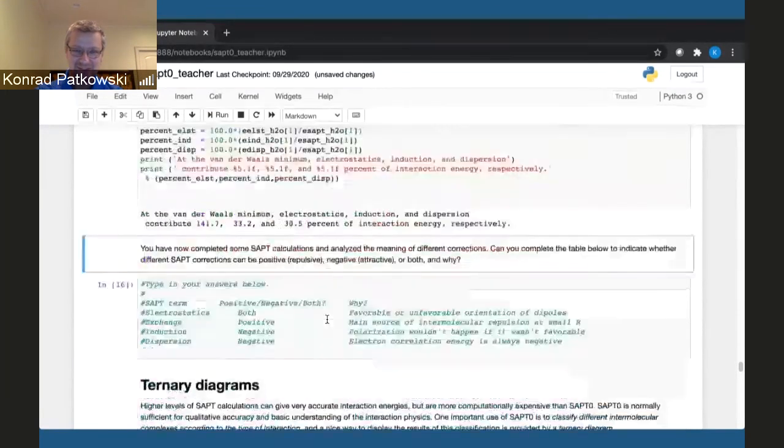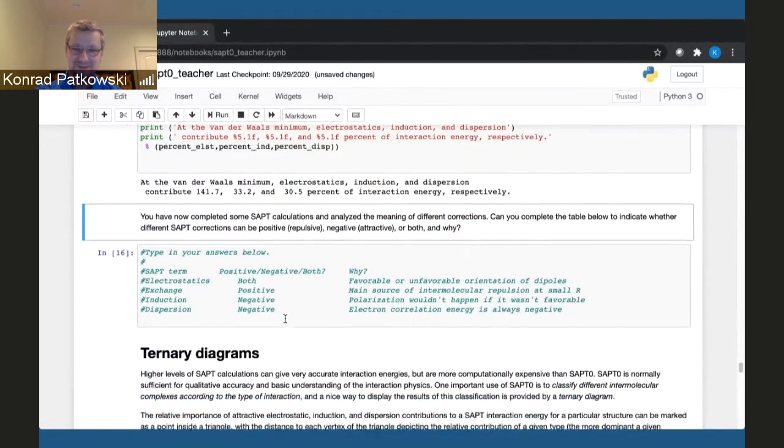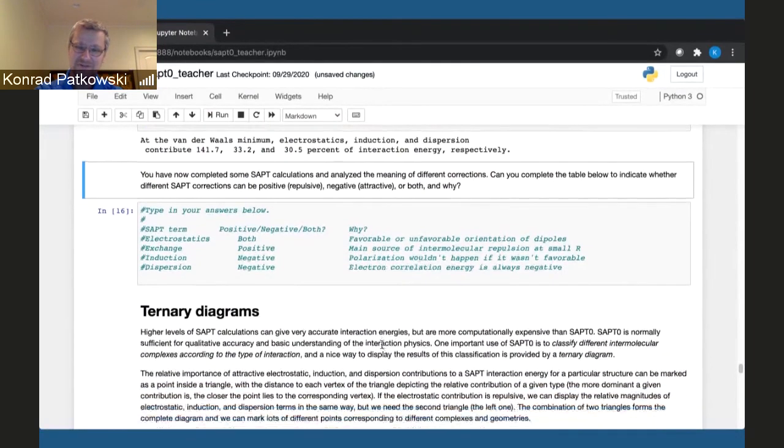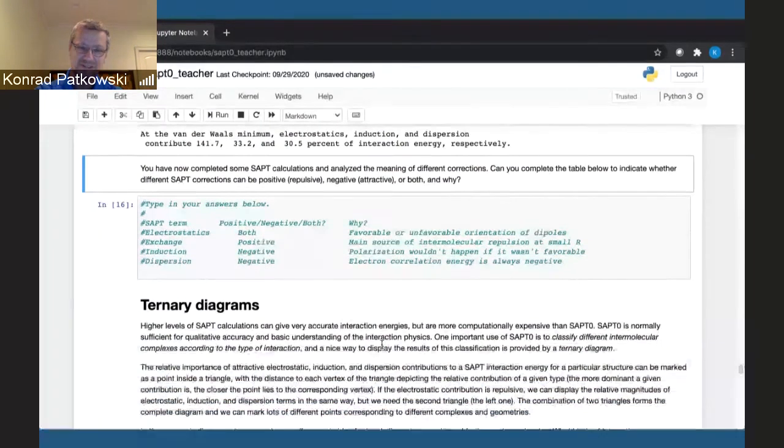There's some summary table for the students to fill in. And for the very last point, in the course of this lab, we have generated two potential energy curves, one for the helium dimer, one for the water dimer, and we have calculated subcomponents for every point on the curve.